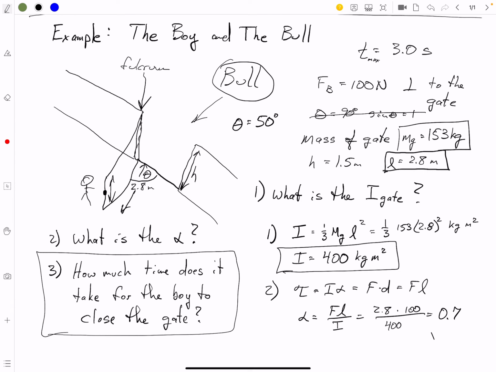And I don't know if you're paying attention, but somewhere along the way, we lost our meters, and we're left with radians per second squared. So we lost our meters, and the ghost of radians appears. Excellent. Good for us. We now know alpha, so we can box that in. Alpha equals 0.7 radians per second squared.